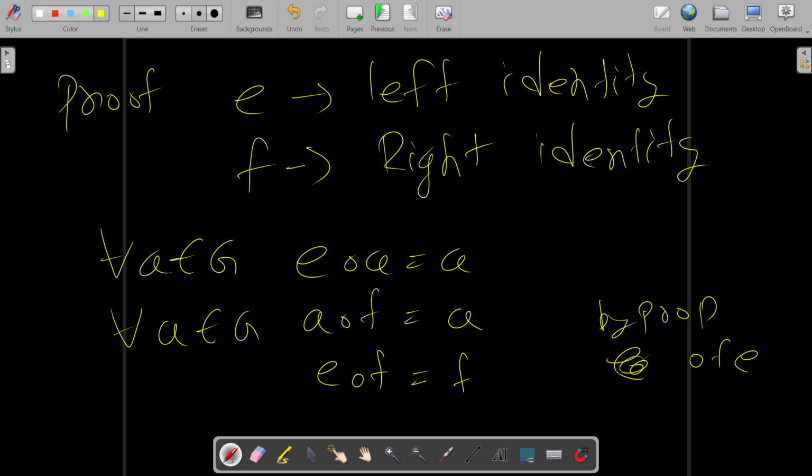Again by the property of F, E not F is equal to E, because F is the right identity.